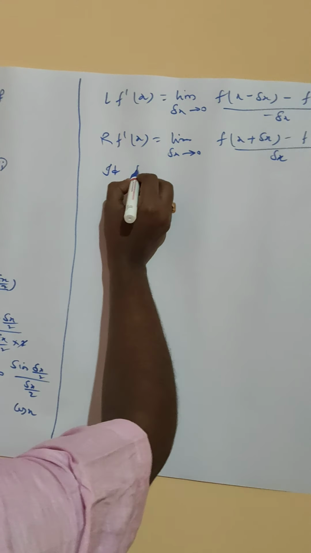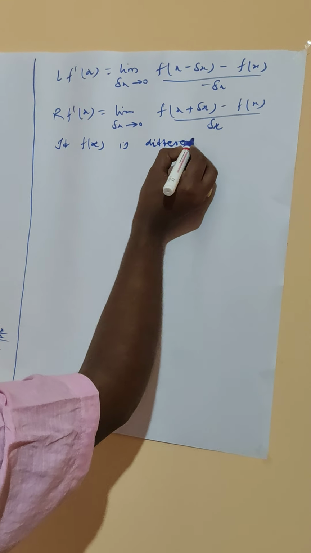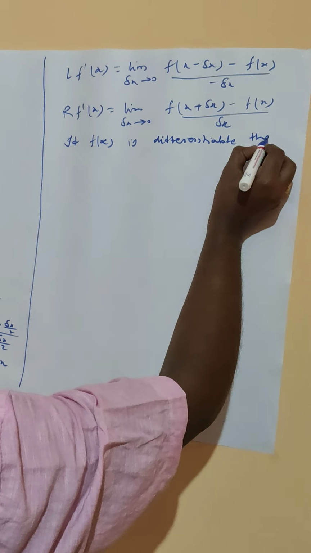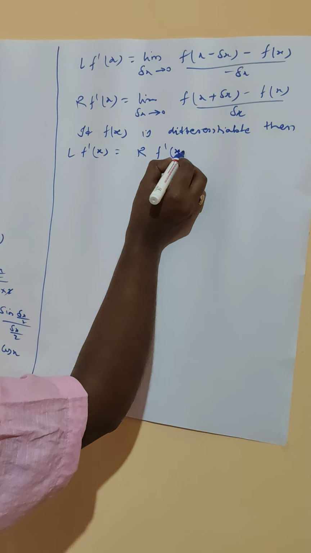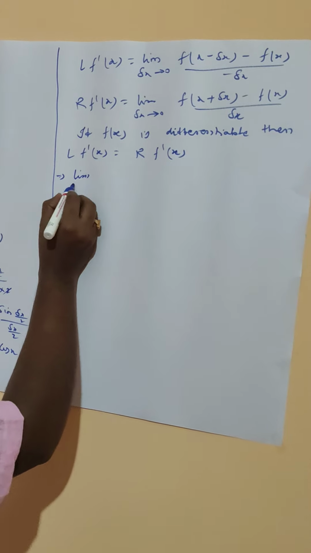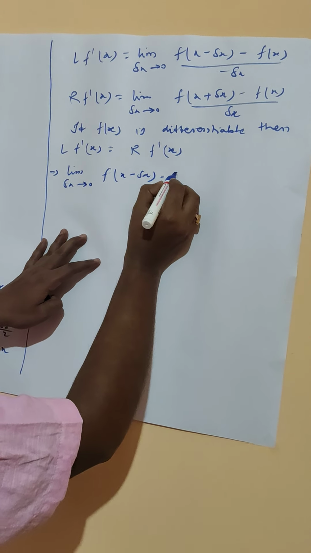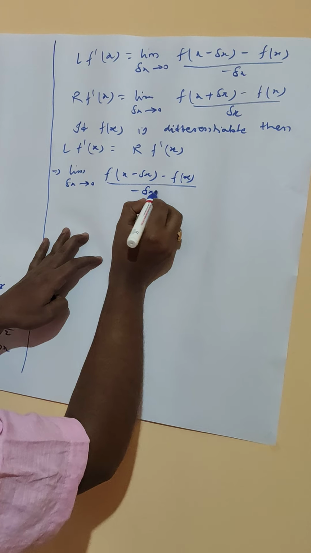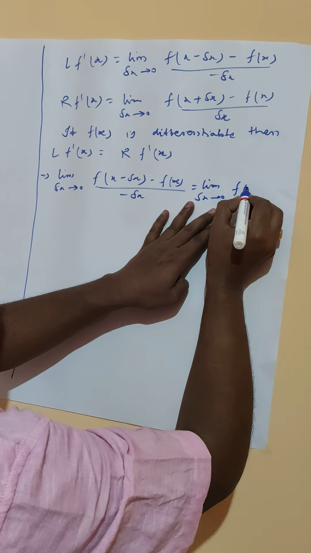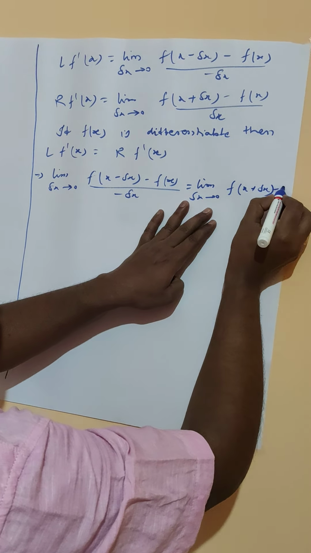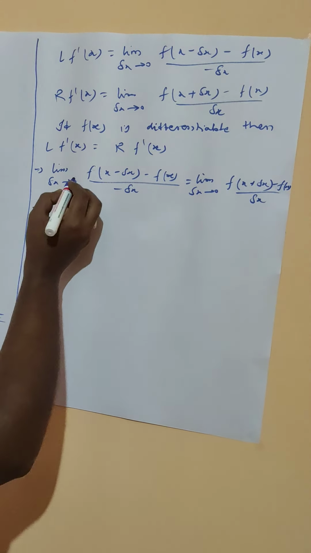If f of x is differentiable, then left hand derivative equals right hand derivative, and this implies limit delta x tends to 0, f of x minus delta x minus f of x divided by minus delta x equals limit delta x tends to 0, f of x plus delta x minus f of x divided by delta x, and the delta x cancels.